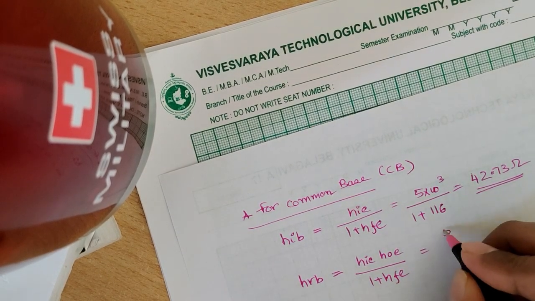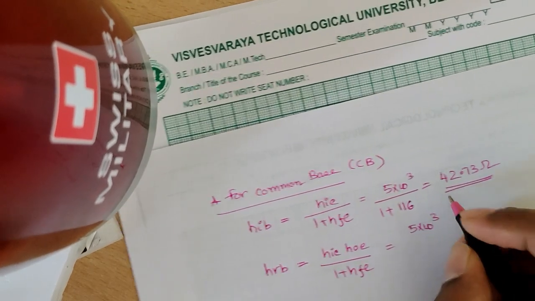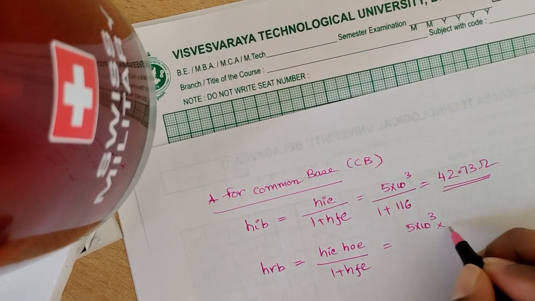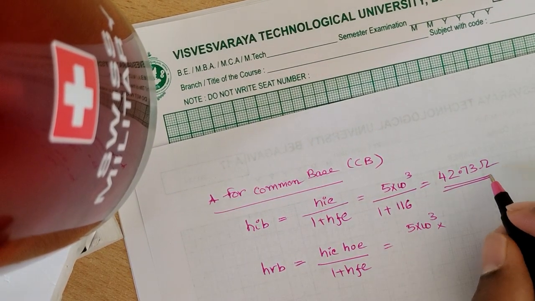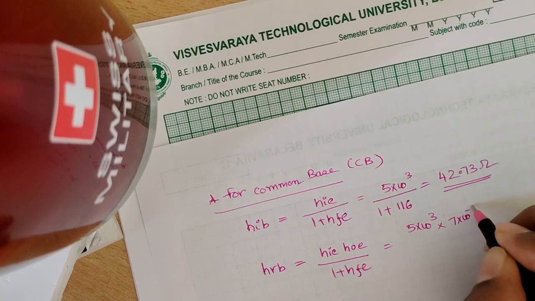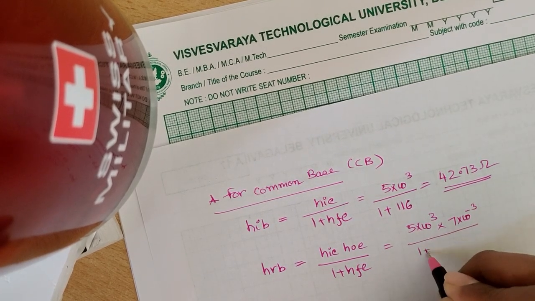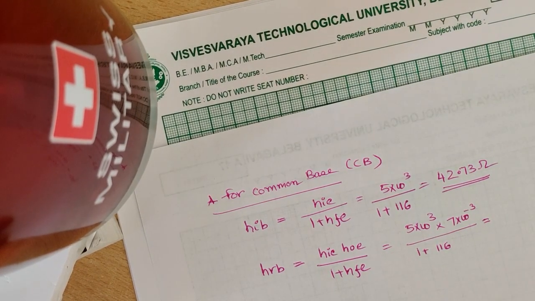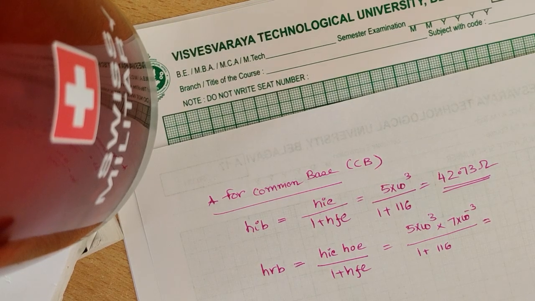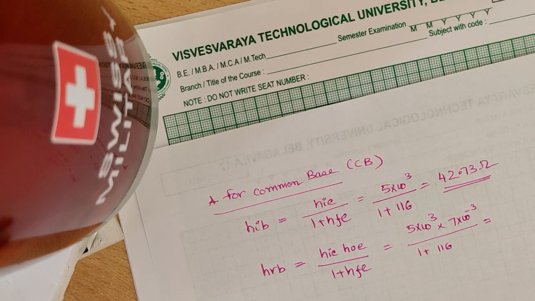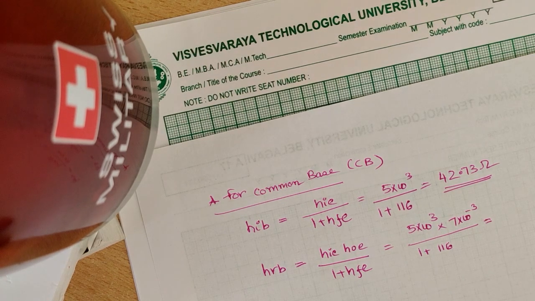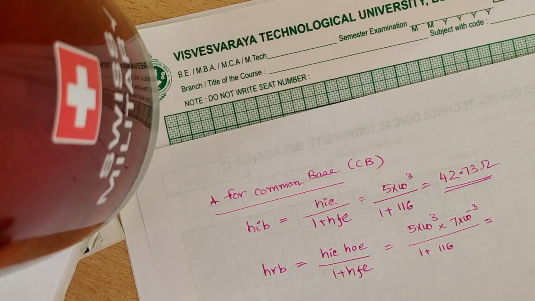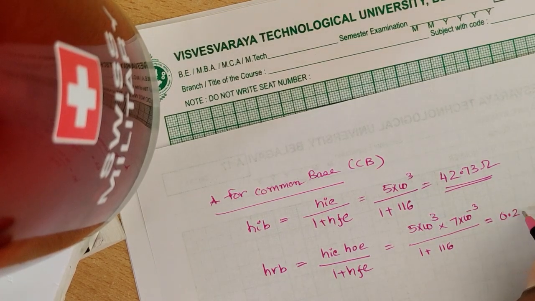So HIE is 5 into 10 to the power 3 into HOE, which is 7 milli, divided by 1 plus HFE, so 1 plus 116. So HRB is 0.299.